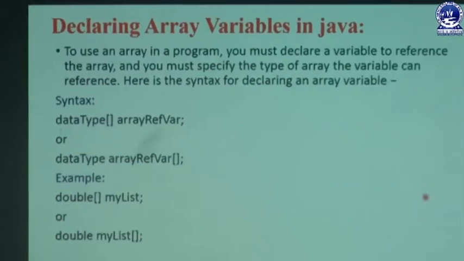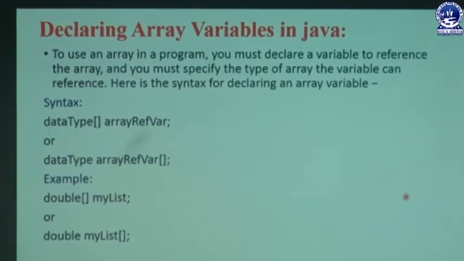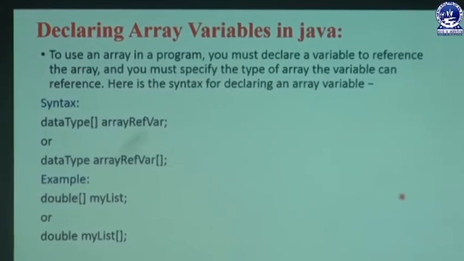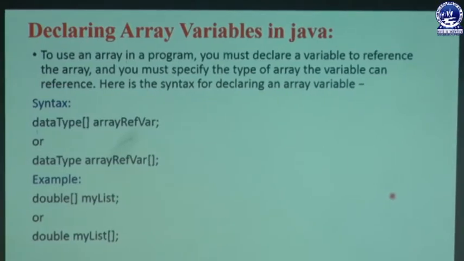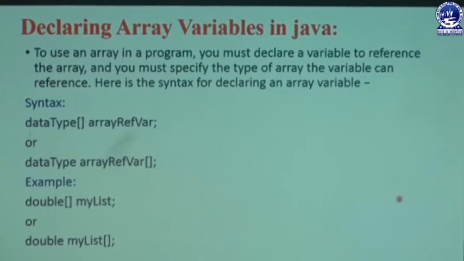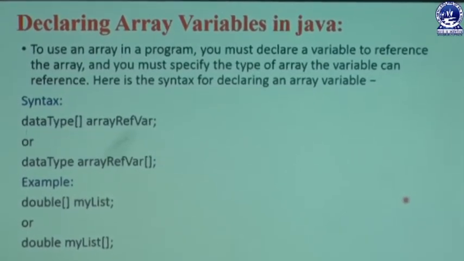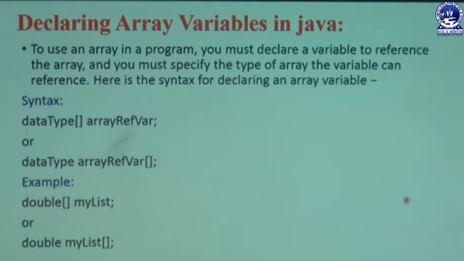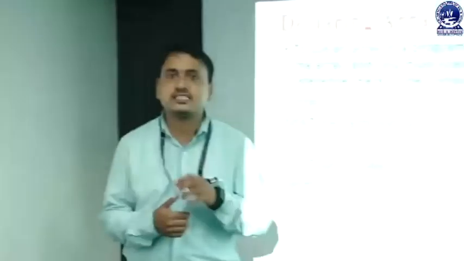Next we can learn how to declare array variables in Java. If a user wants to use an array in a program, you must declare a variable to reference the array, and you must specify the type of array the variable can reference. The declaration always depends on a specific type.